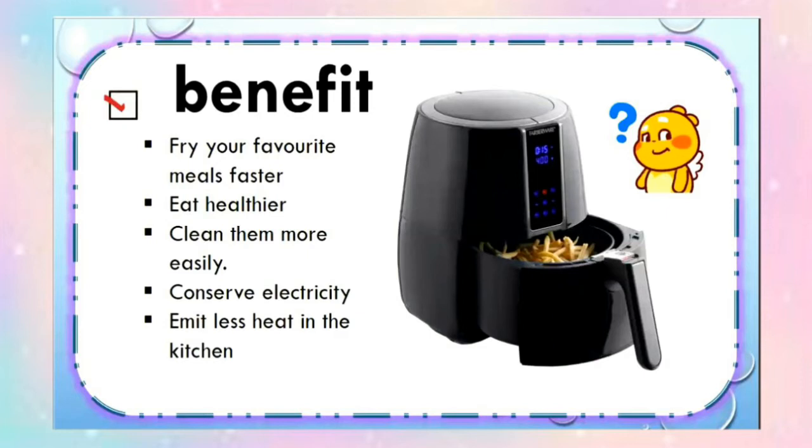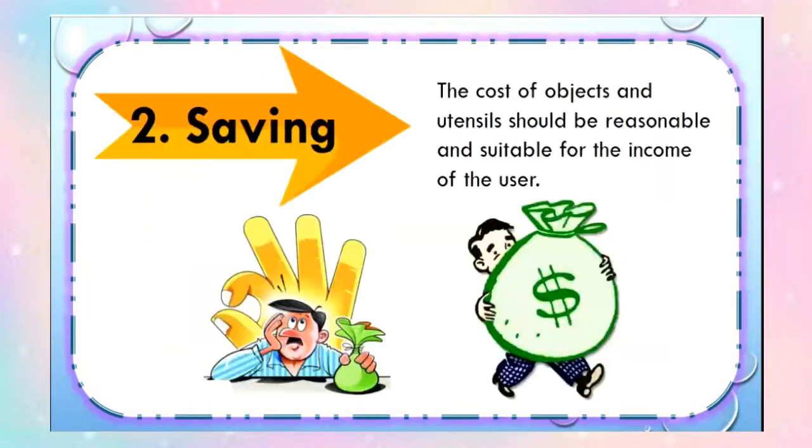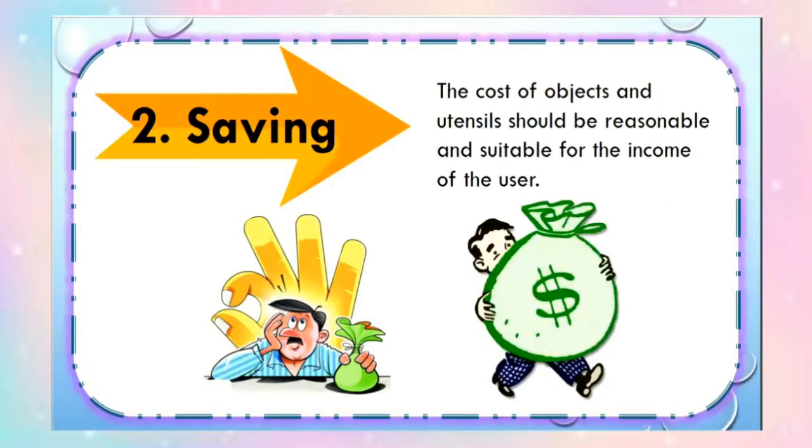It's very useful. So the second principle is saving. The cost of objects and utensils should be reasonable and suitable for the income of the user. If our family has low income, then we should choose things that are not expensive to buy, right?